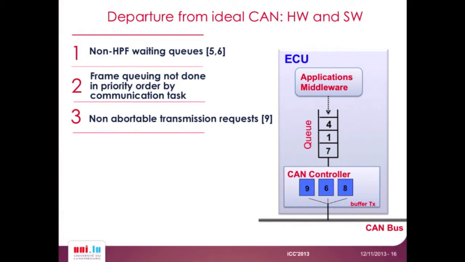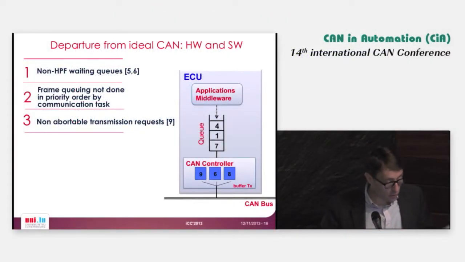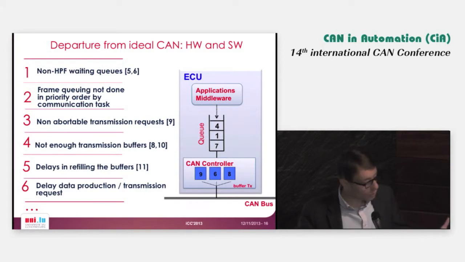You can have a non-abortable transmission request. Imagine you would have to abort one of those transmissions to fill the buffer with the new one. If you cannot abort the transmission, then it's a departure from the ideal CAN. You may not have enough transmission buffers.